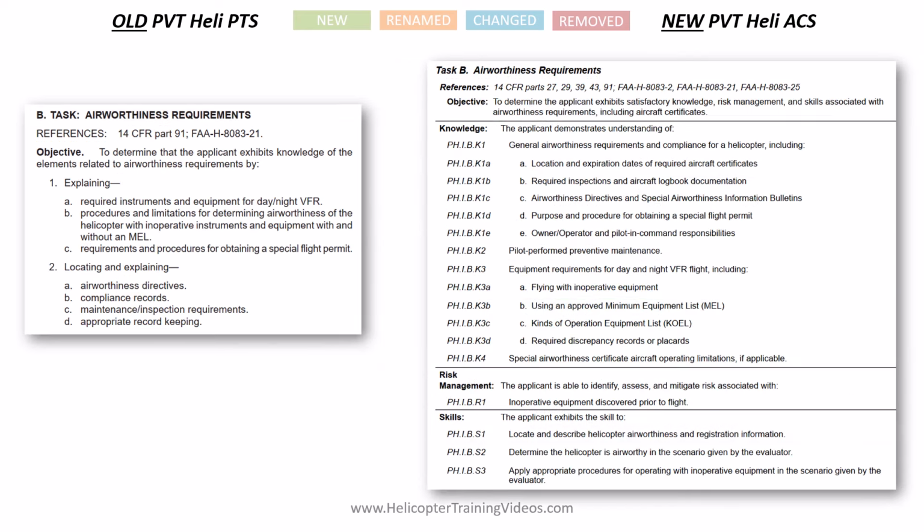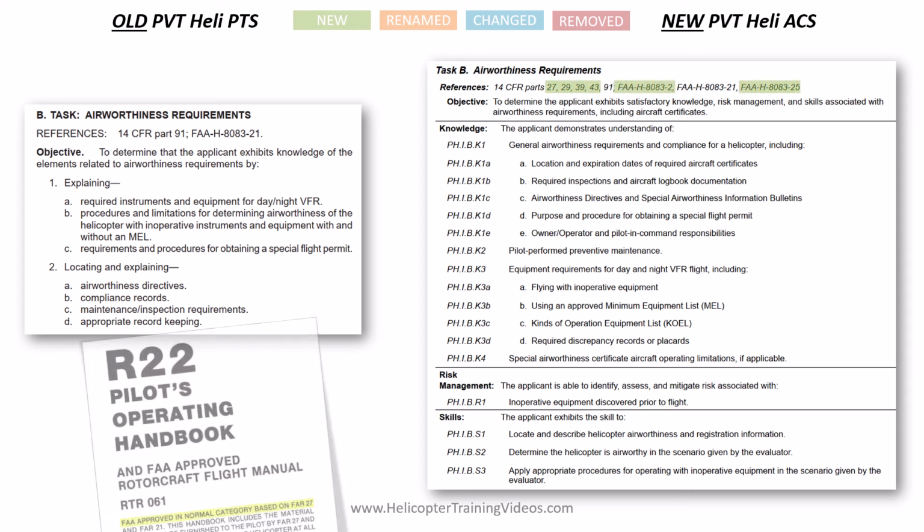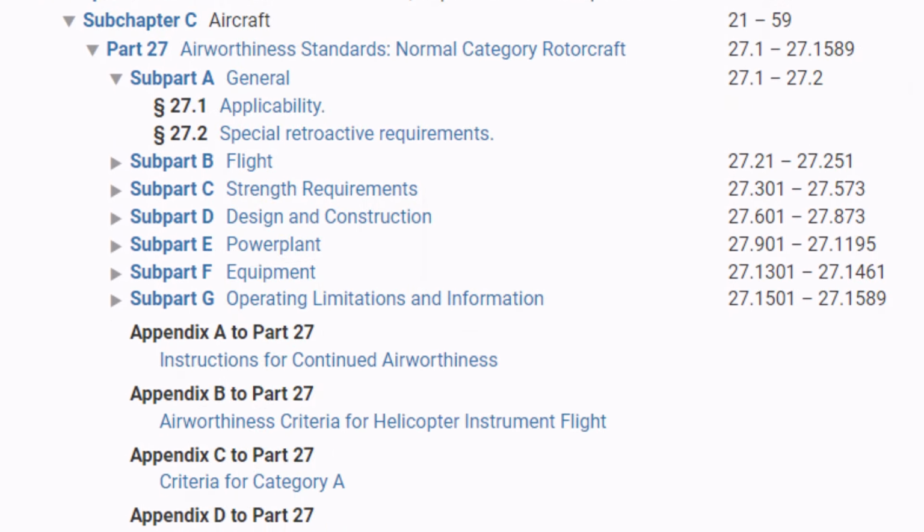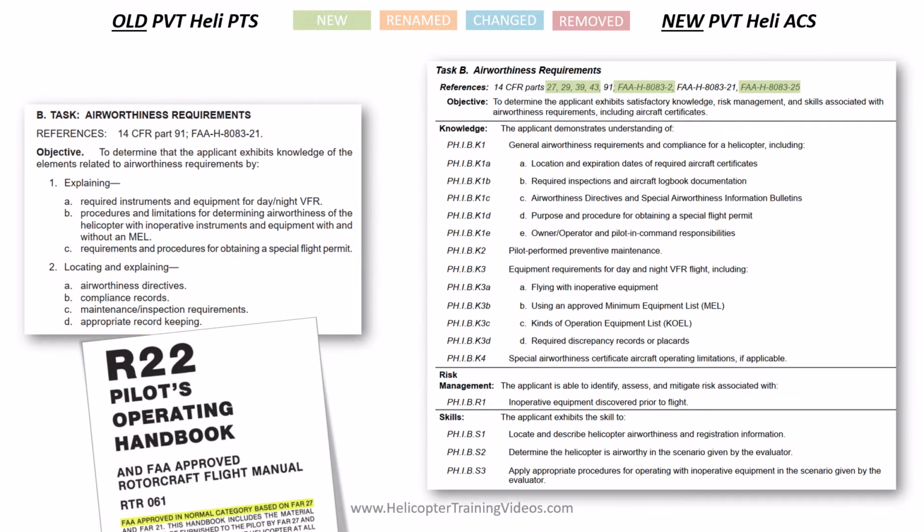Task B, airworthiness requirements. Here there's a few things they've done. They've added some references that you should be aware of, some of which won't be in your paper FAR-AIM. For example, Part 27, which is the regulations that cover airworthiness for normal category rotorcraft, which is small aircraft like the R-22.